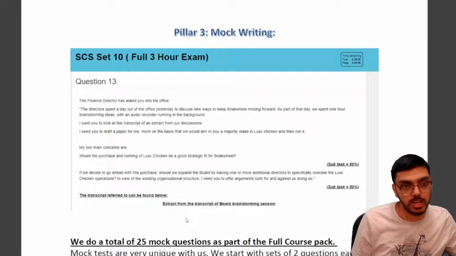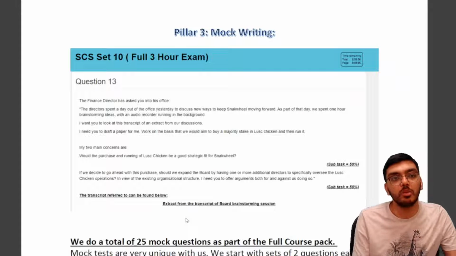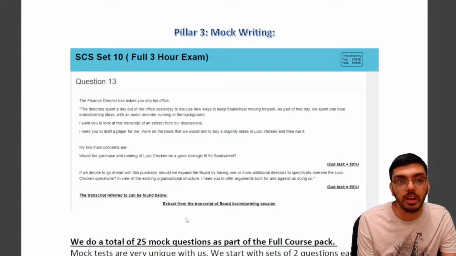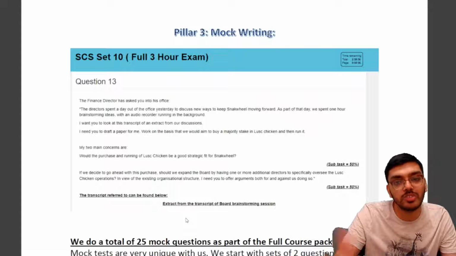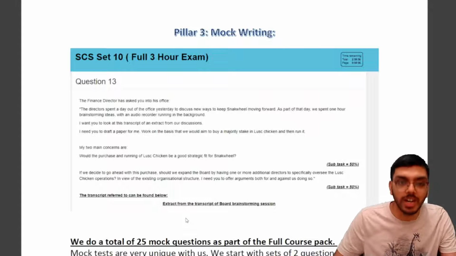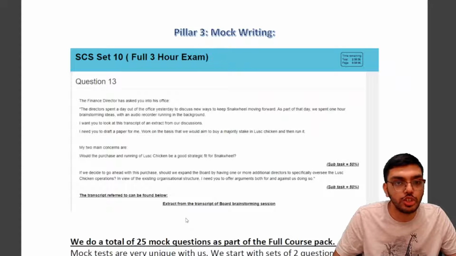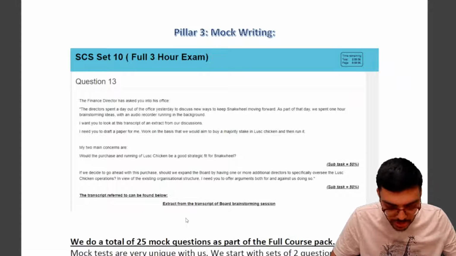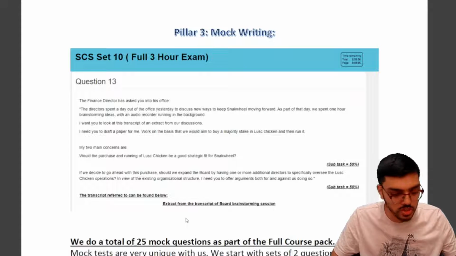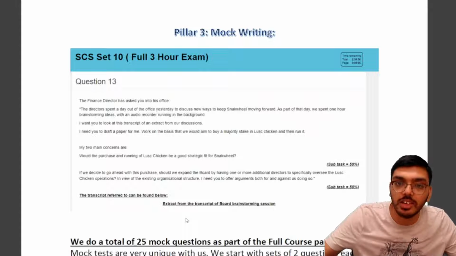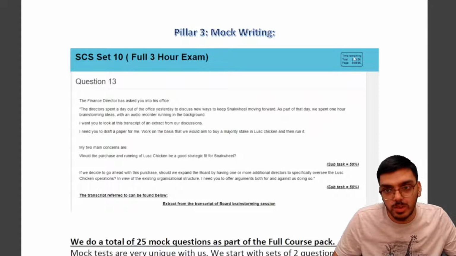So on your screen, what I have put is a sample of what our mock writing system looks like. This shows you that each question that a student chooses to do with us is timed. On the right hand side, you can see the clock as well.